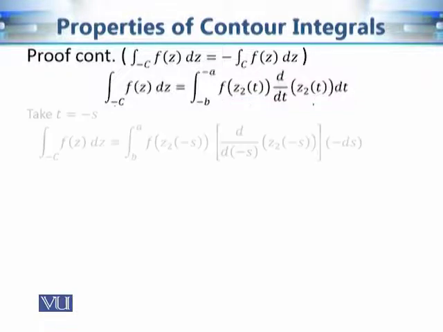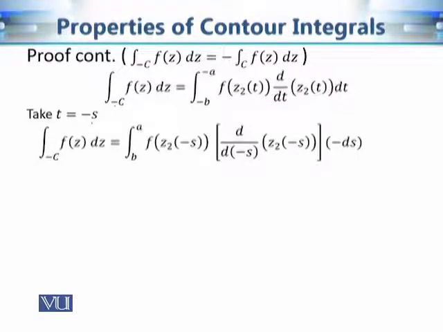Now if we take t equal to minus s, what's going to happen? The limits of integration will change. When t is equal to minus b, since t is equal to minus s, minus b is equal to minus s, which implies s is equal to b.